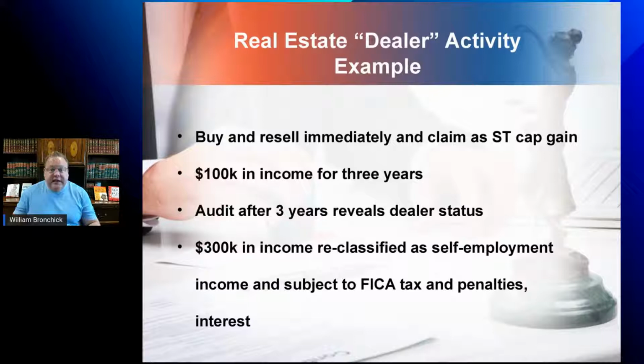You make $100,000 a year for 3 years. Well, after a 3-year audit, they can go back 3 years and say, no, we're going to reclassify that as inventory and put all that activity on Schedule C instead of Schedule D, which is a self-employment business, which means everything that you did for 3 years, the $300,000, is subject to 15.3% FICA tax, which is substantial.